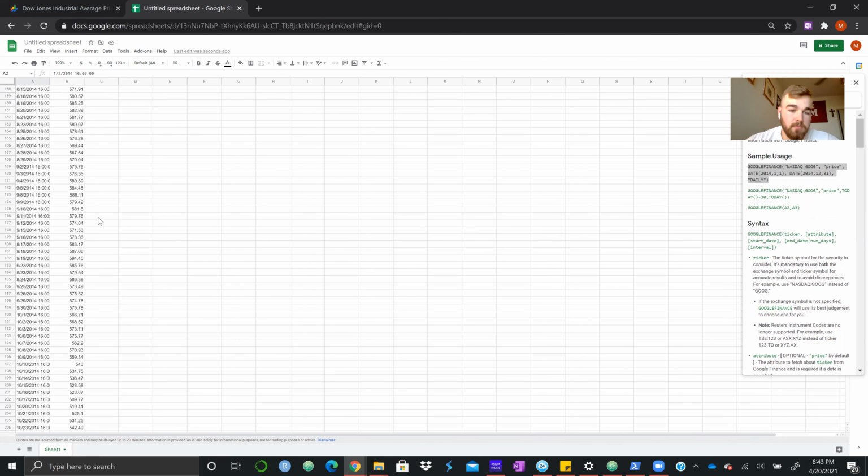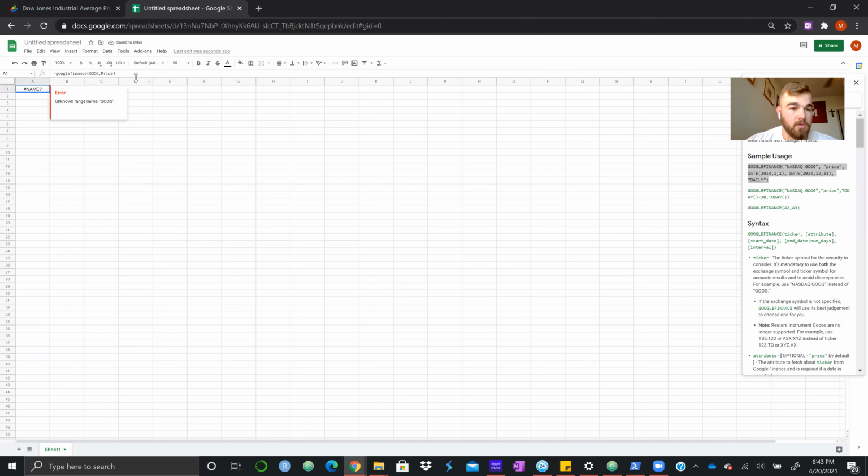And so it's giving you what the price was every day, the average price for that day. And so that's really cool to be able to see that kind of stuff about the stock. So we can go back real quick. We'll put that in here, this GOOGLEFINANCE. But then what is important here is this time we're going to put something called SPARKLINE, open parentheses, around that GOOGLEFINANCE call that you just did.